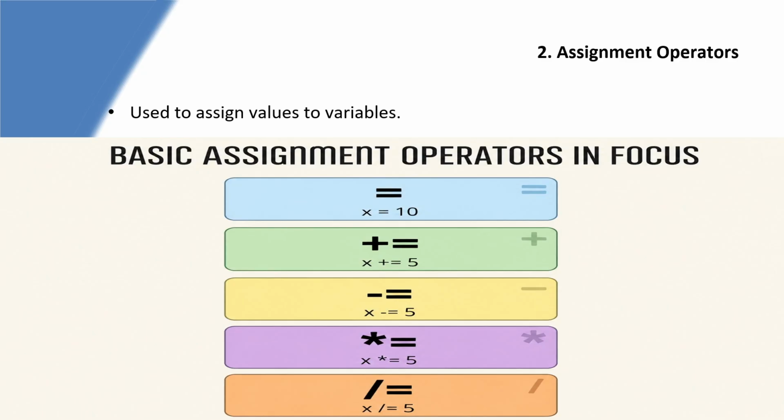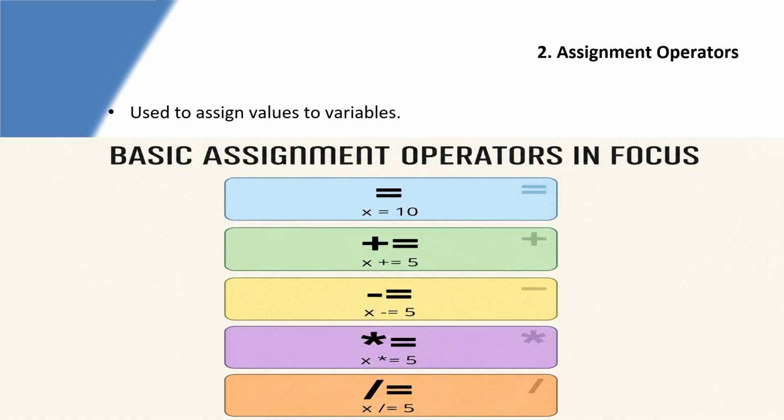The equal sign assigns a value, while compound assignment operators combine assignment with arithmetic operations, making the code shorter and cleaner.